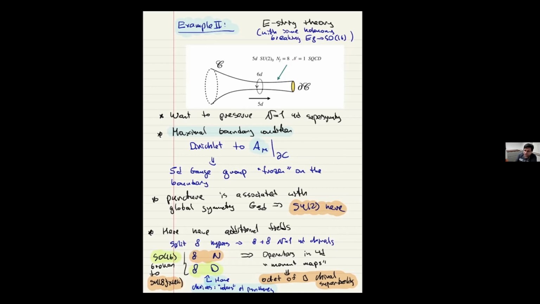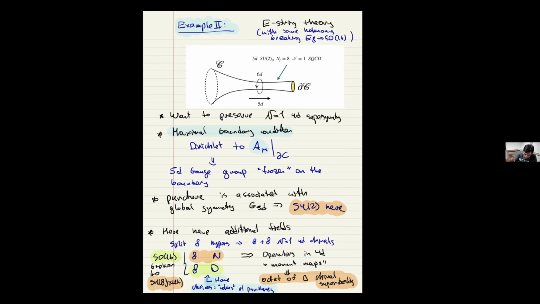And there are certain choices involved, how you split the 16 chiral fields into an 8 and 8, and which ones you actually give these boundary conditions. So if you have one puncture, all these choices are equivalent, but if you have different punctures, these choices become inequivalent. So the relative choices might matter.